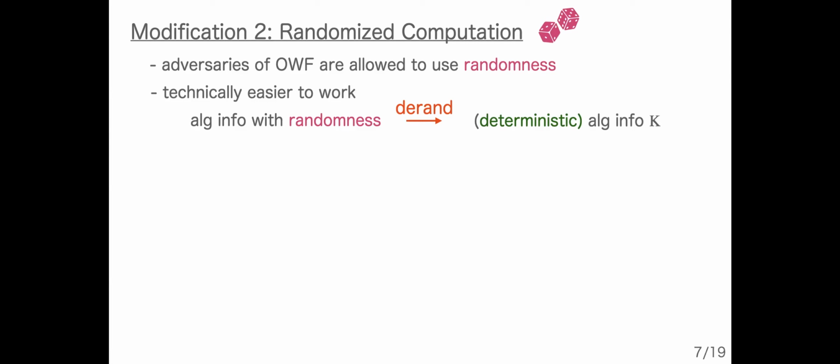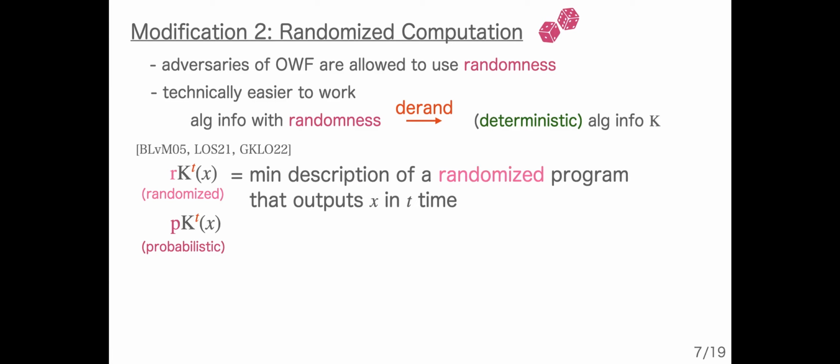Currently, there are two standard definitions of Kolmogorov complexity in the presence of randomness: randomized Kolmogorov complexity RK and probabilistic Kolmogorov complexity PK. RK is the minimum description size of a randomized program that outputs x with high probability, where we consider a program that may use internal randomness to output x. And here, the random string itself is not contained in the description size.